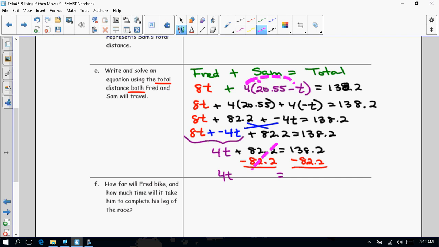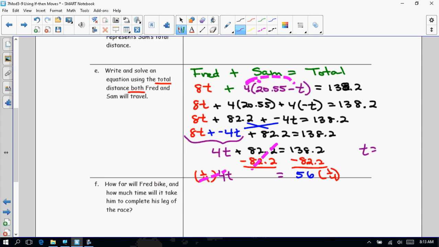Now I take 138.2 minus 82.2, and I get the wonderful number of 56. Multiplying by 4, I can multiply both sides by its multiplicative inverse, 1/4, or just divide by 4. And you are left with t equal to 56 divided by 4.